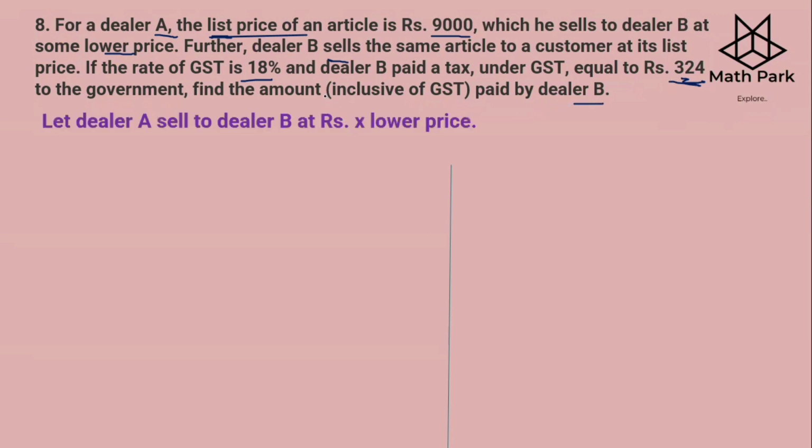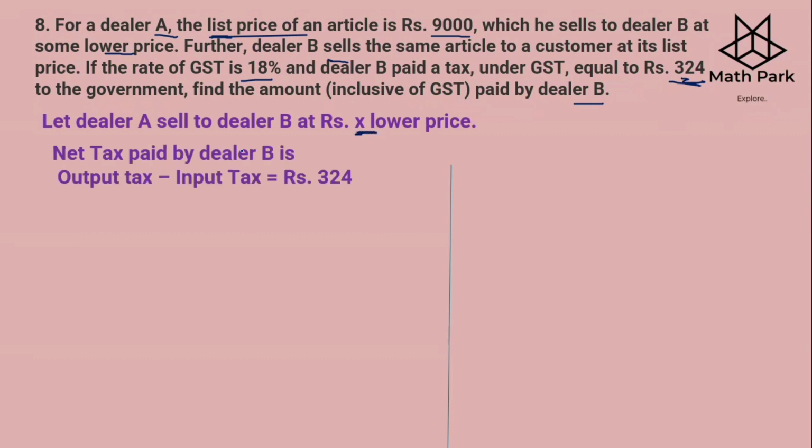So dealer A sells to dealer B at, suppose, X as the lower price. And the net tax paid by dealer B is output tax minus input tax, which is 324. The net tax is always output minus input tax. So 18% of 9,000 minus 18% of X becomes 324.